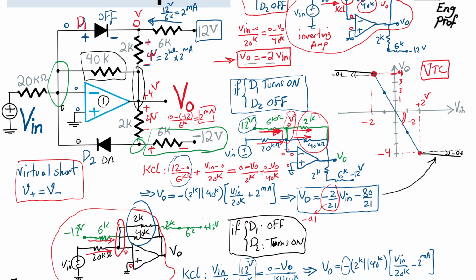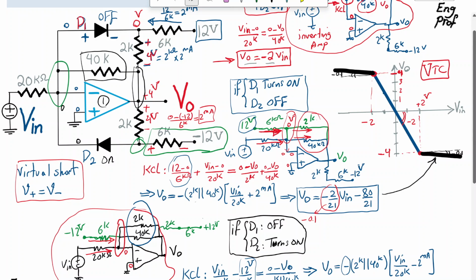So in summary, if I can highlight it, we have the combination of this line and this line here. So this is our voltage transfer characteristic, or VTC, for this circuit.